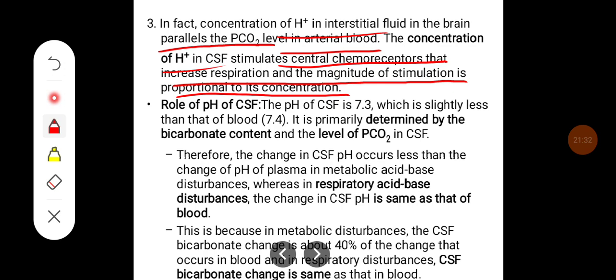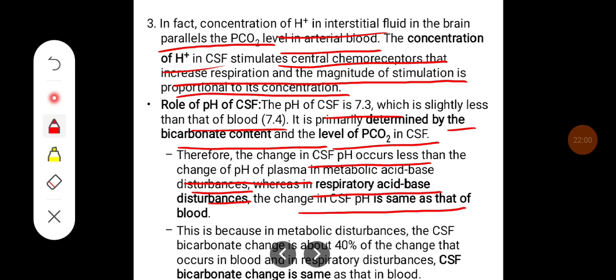The role of pH of CSF. The pH of the CSF is 7.3, which is slightly less than that of blood. It is primarily determined by the bicarbonate content and the level of PCO2 in the CSF. Therefore, the change in the CSF pH is less than the change in the pH of plasma in metabolic acid base disturbances, whereas in respiratory acid base disturbances, the change in the CSF pH is the same as that of blood.